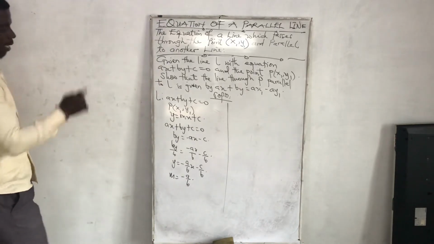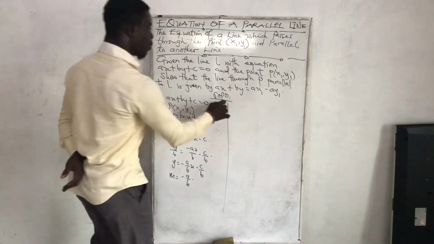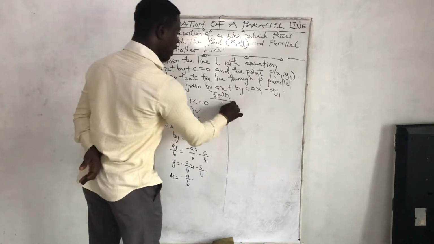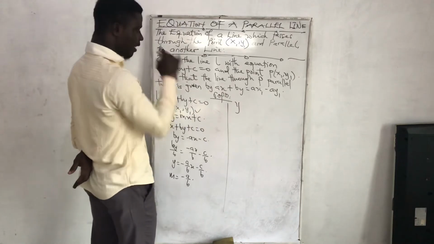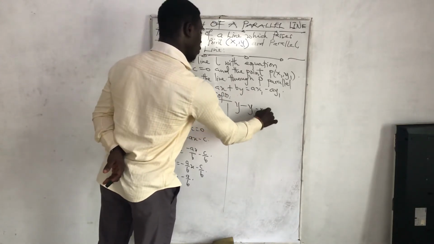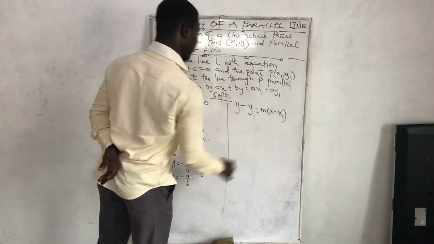Since they are parallel, I can use the same gradient. I have my point, which is P (x1, y1). So I have my general formula for finding the equation of a line, which is y minus y1 equals m times (x minus x1).